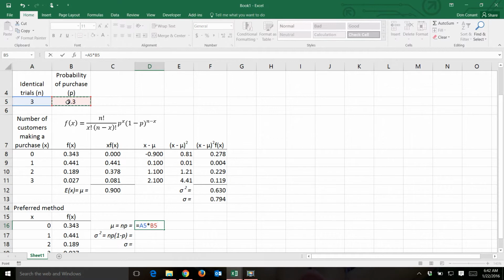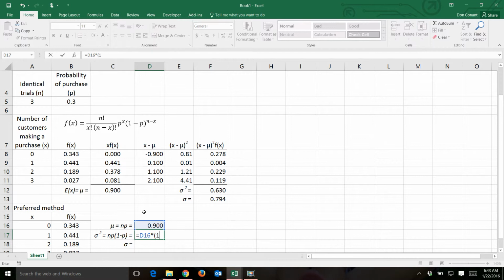Another way of calculating that, you can just do that little bit of multiplication, or you can do this calculation and add them up and reach that. It's your choice.